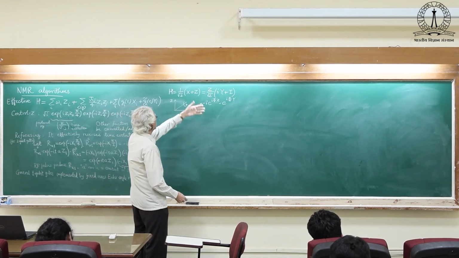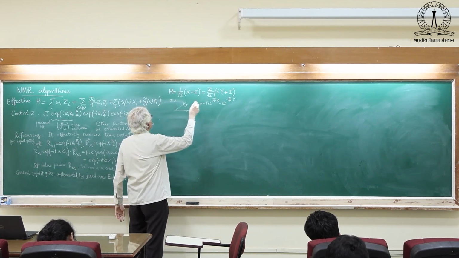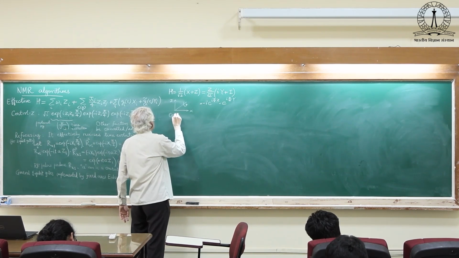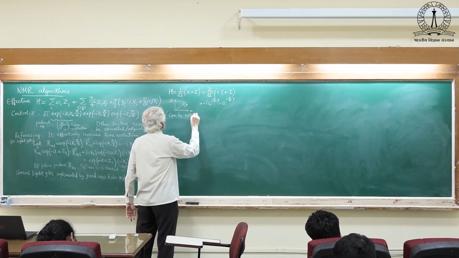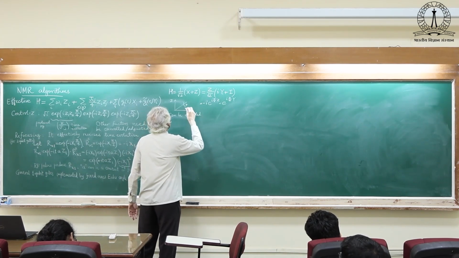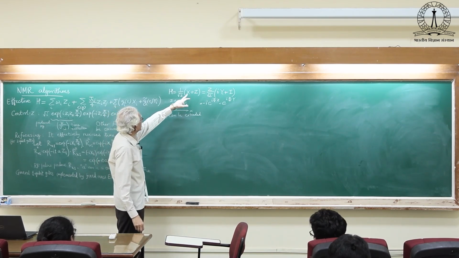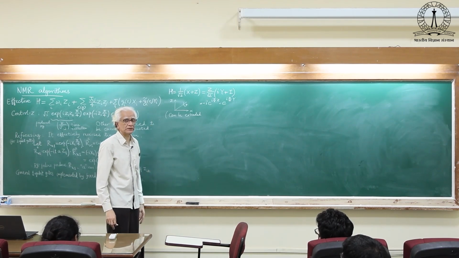So you can play on this trick. If you want to extend it, this is only a particular combination of x and z, but suppose I have all three x, y, and z together.